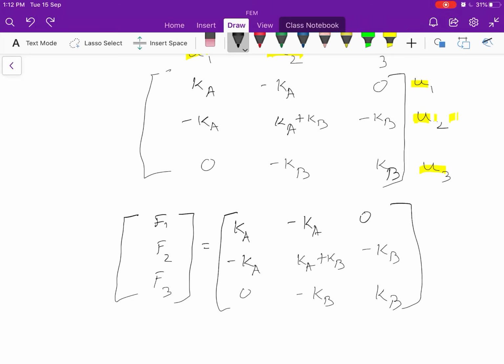And on the extreme right it would be the displacement vectors u1, u2 and u3. So this is how we formulate a global formula from the elementary levels when we are considering a one-dimensional case. Thank you.